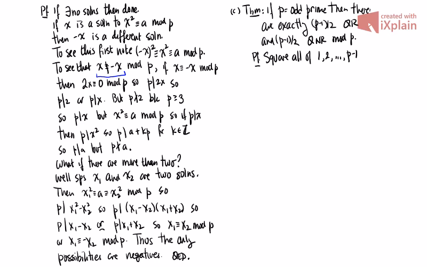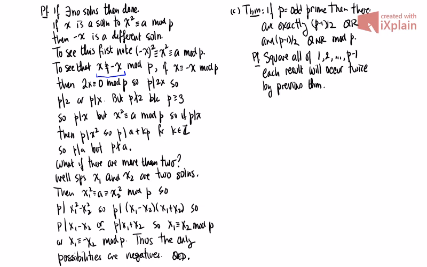So if we square each of those, each result will occur twice, by the previous theorem. So what that means is that since each result occurs twice, of those 1 through p minus 1, we only get half of those as results.